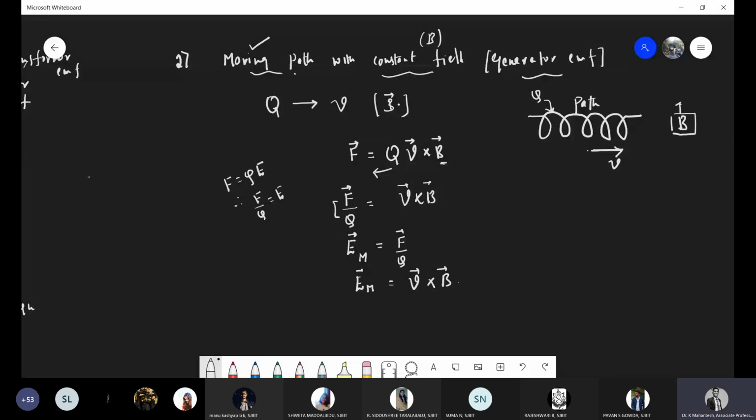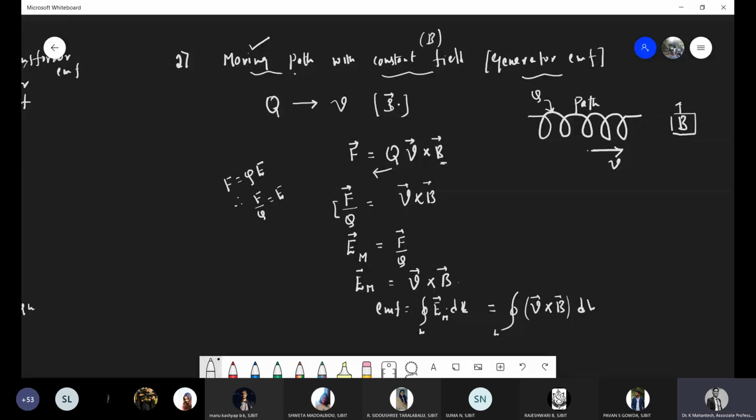Now the EMF induced. I know the equation. EMF is equal to the closed line integral of E dot dl. Now this is E_M dot dl, which is equal to the closed line integral of V cross B dot dl.